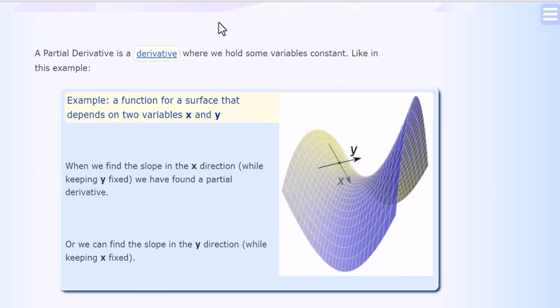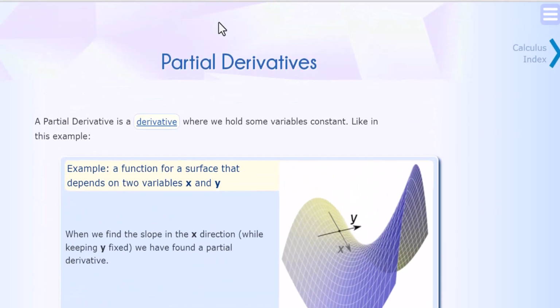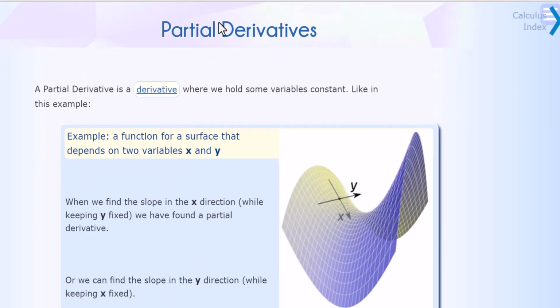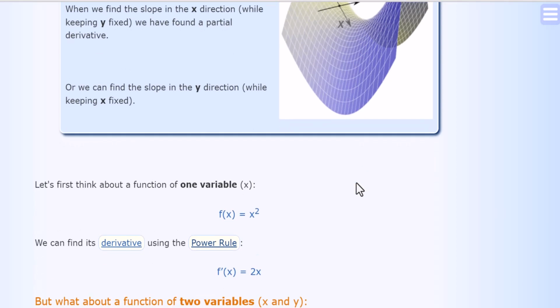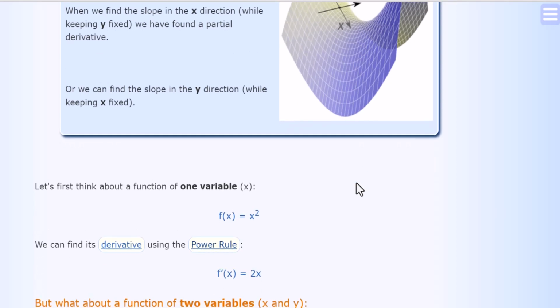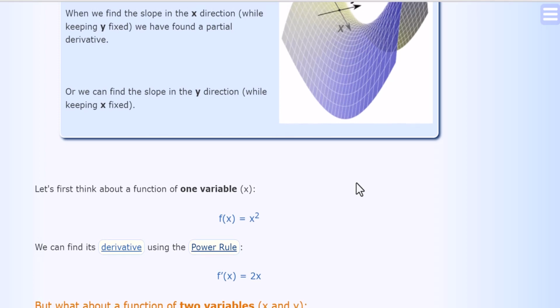A partial derivative is used when the target variable depends on more than one variable. In that case, we have to find the rate of change with respect to each variable. Like in our case, the cost function is dependent on w, which is a weight, and the bias b.